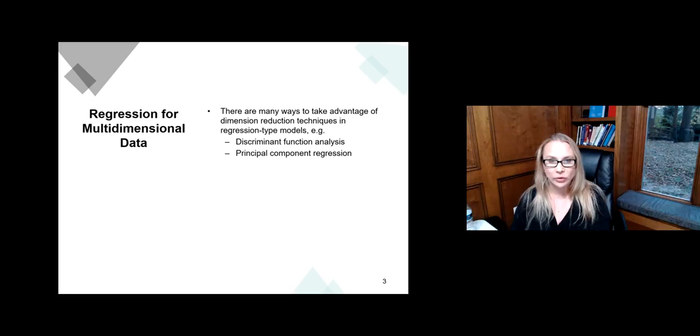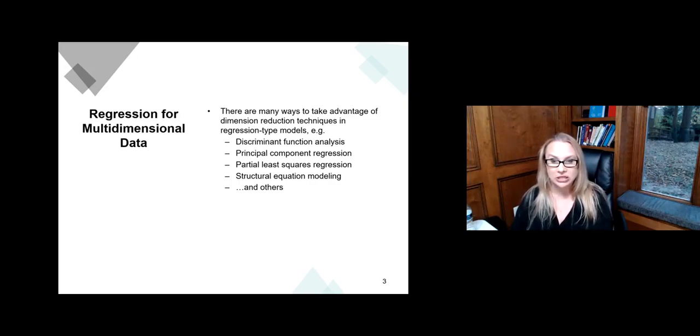But this presentation will include a discussion about principal component regression and partial least squared regression, also referred to as PLS, which are both a part of the family of structural equation modeling techniques, called SEM, and there are many different types. These are just two examples of structural equation modeling techniques, and there are many, many more. So this discussion will be focusing on principal component regression as well as partial least squared regression. And once again, in another video, we have discriminant function analysis.